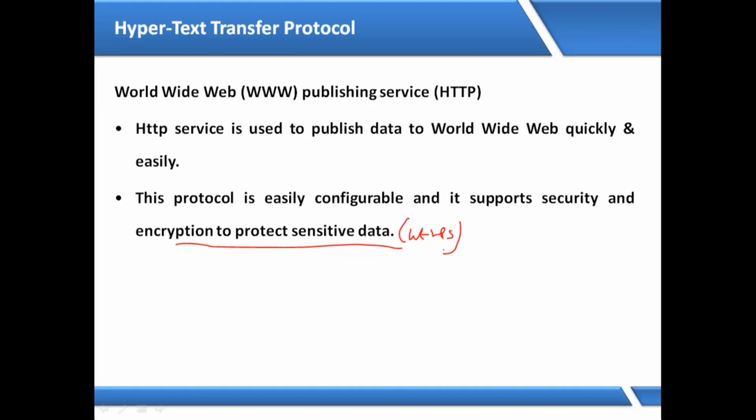Tomorrow, we'll see how to create our self-signed certificate, which will make our data safe and secure with HTTPS. The default port number for HTTP is 80. When you use HTTPS, it will be 443. Port numbers will be fixed.